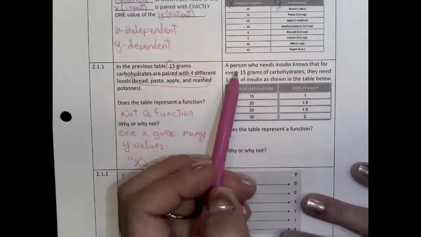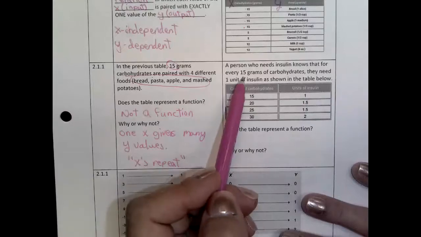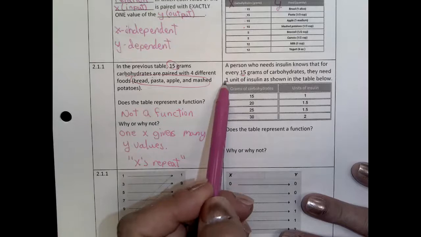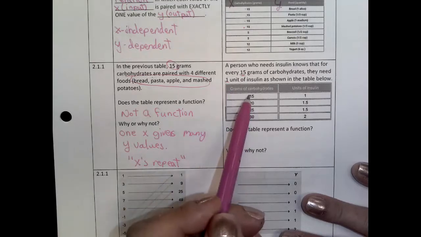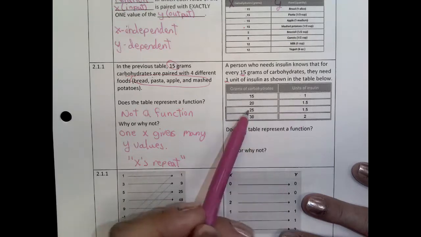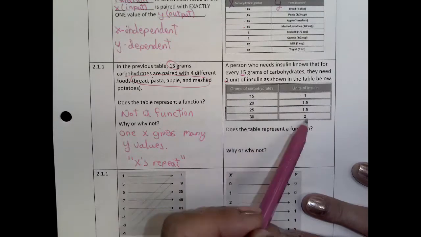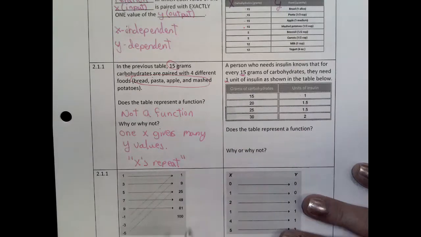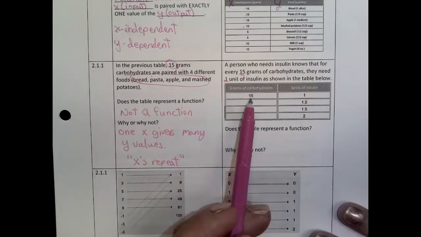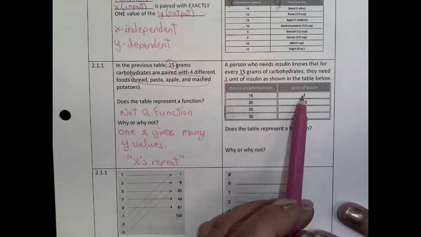Let's look at this next table. It says a person who needs insulin knows that for every 15 grams of carbohydrates they eat, they're going to need 1 unit of insulin, as shown in the table. Someone eats 15 grams of carbs, they need 1 unit of insulin. 20 grams, 1.5; 25 grams, 1.5; 30 grams is 2. Does this table represent a function? For every one x value I put in, do I get one y value out?